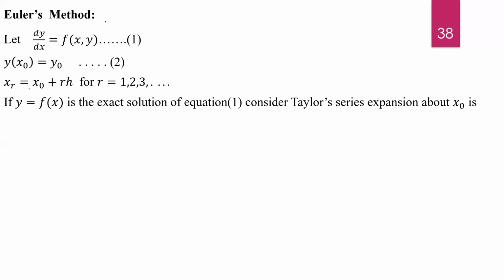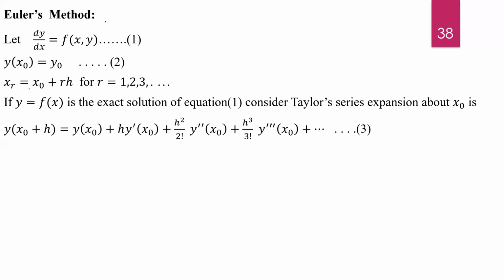If y is equal to f of x is the exact solution of equation 1, consider the Taylor series expansion about x naught. y in bracket x naught plus h. X naught plus h means what? When we put r is equal to 1 here, that is x1, that is x naught plus h.